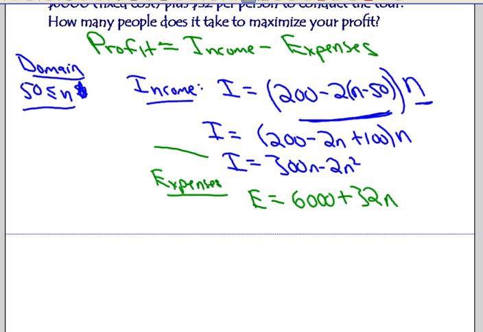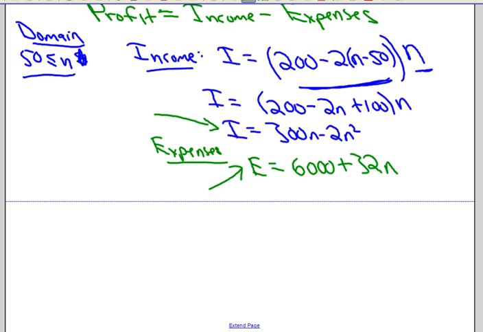So I have an equation for income, I have an equation for expenses, I can get my profit equation. So profit equaled my income, 300n minus 2n squared, minus my expenses, 6,000 plus 32n. Let's simplify that a little bit.